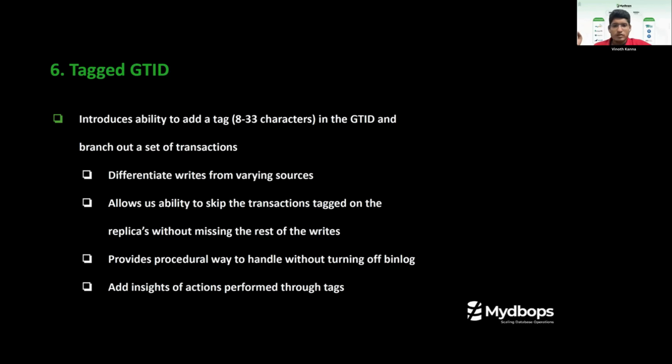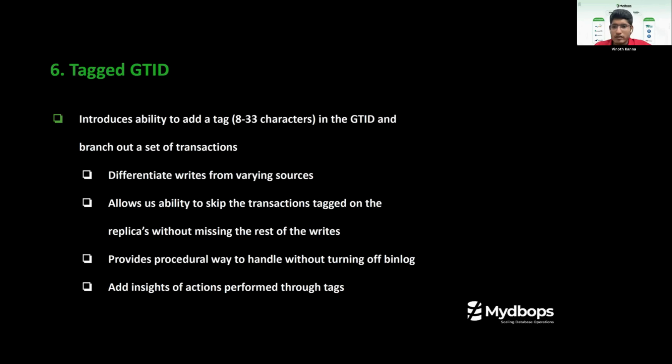This provides a natural way of segregating the writes happening from different sources. By tagging, we will be able to skip a particular tagged set of GTIDs on replicas. Yes, it can definitely be done by disabling bin logs, but this provides a procedural way of doing things.